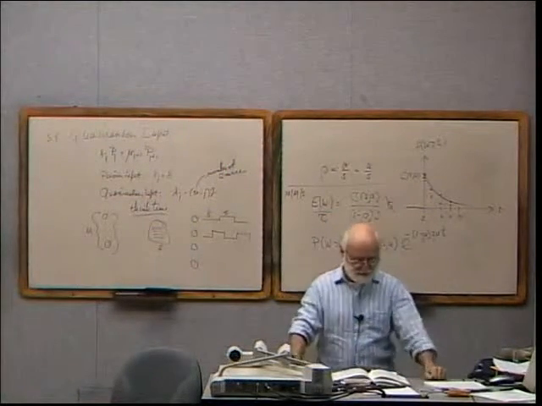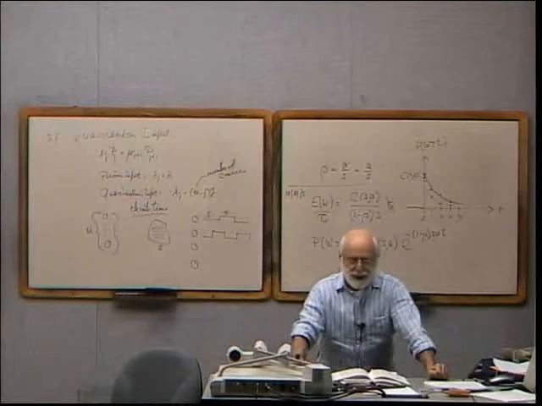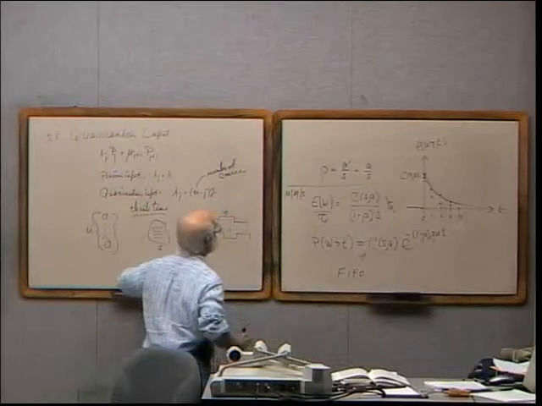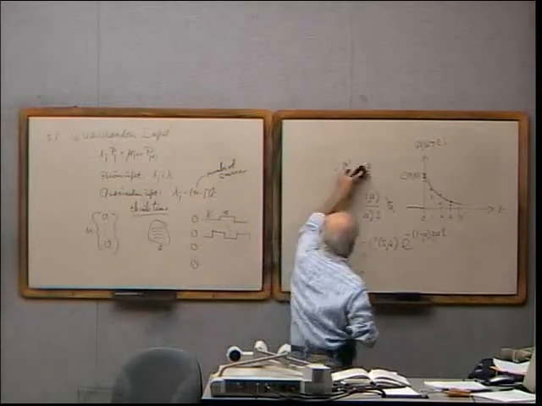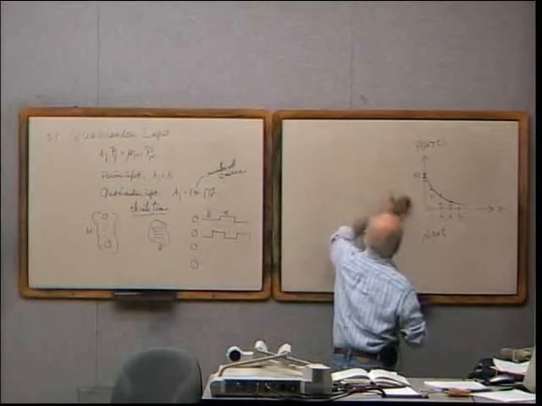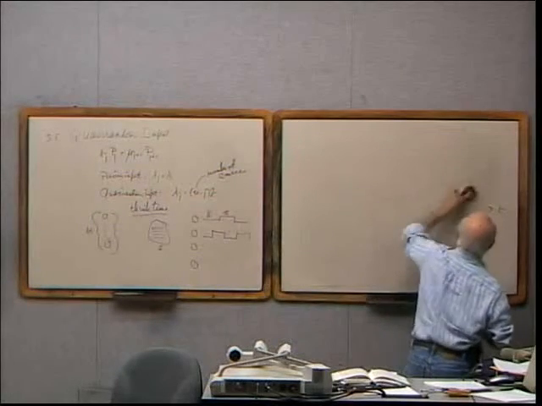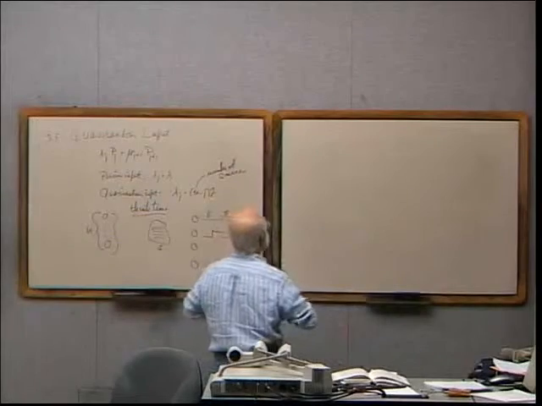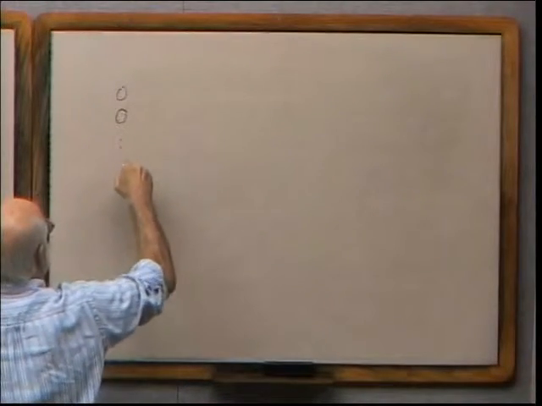Okay, so let me talk about that limit for a minute. So now we have a finite number of sources. Okay, so here is a source and a source and so on, and I've got n of them.